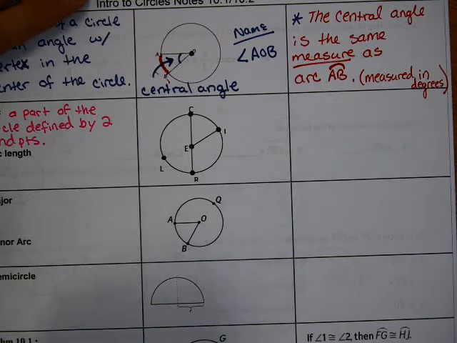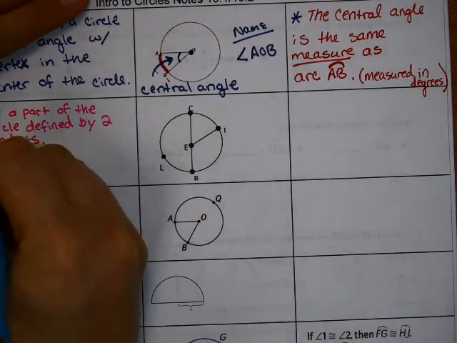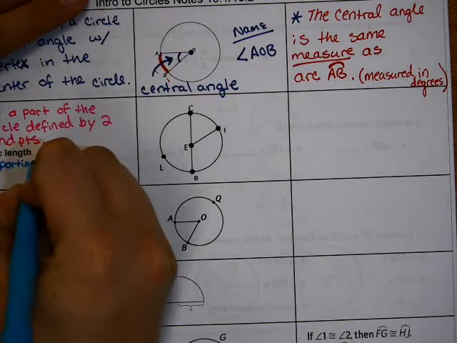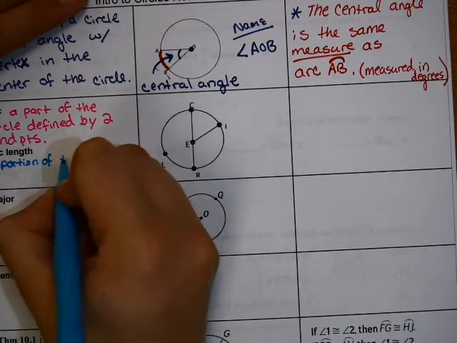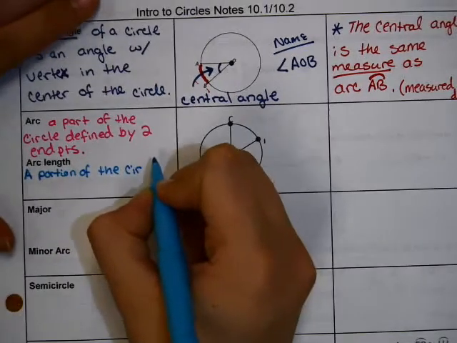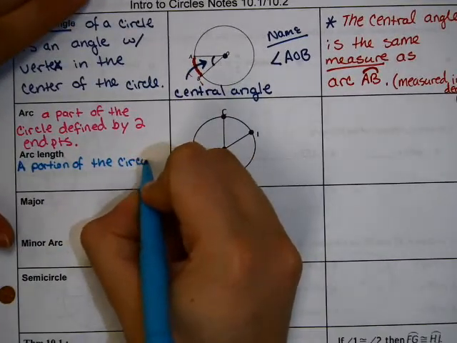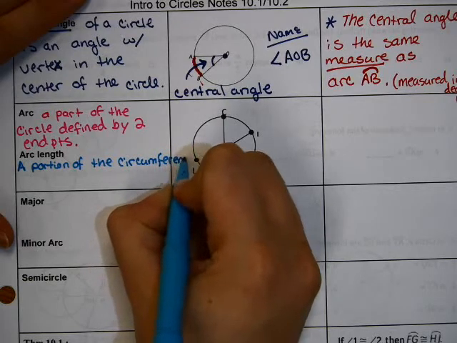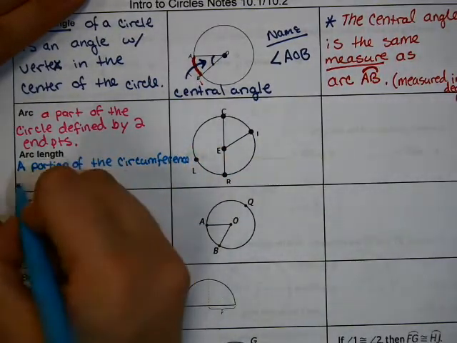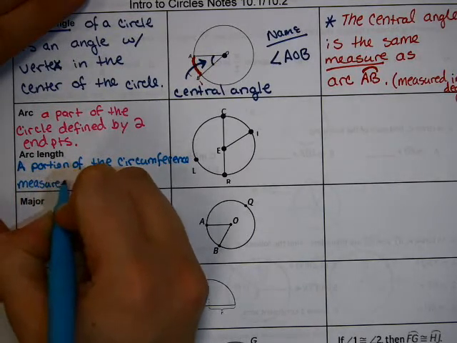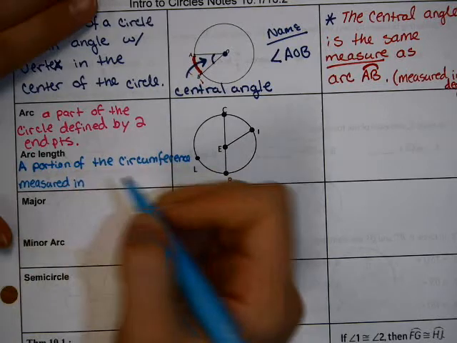The arc length is what we call a portion of the circumference, a portion of the circumference measured in linear units.